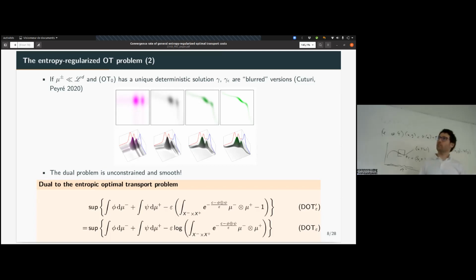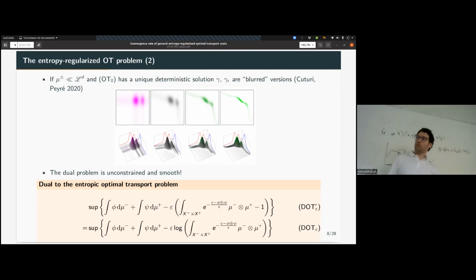This illustration is from the book by Cuturi and Peyré on computational optimal transport, very nice. For epsilon very large, you get something which is almost mu minus times mu plus, and as you decrease epsilon, the temperature parameter, you will converge to the optimal transport map of the limit. So this blurred version converges to the deterministic solution.